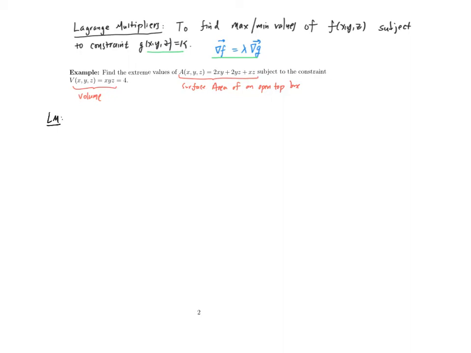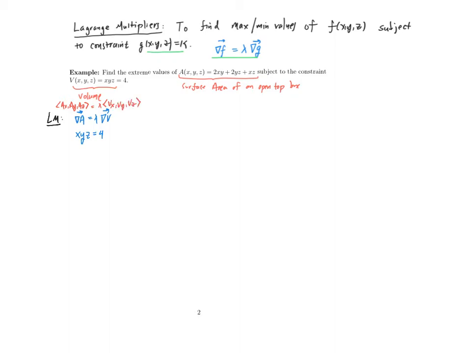To start, what we'd like to do is simply write down the Lagrange multiplier equation. That would be the gradient of A is lambda times the gradient of V, with xyz equal to 4. And recall, as we mentioned in the previous video, when you think about this gradient vector, what we really have is A_x, A_y, A_z equals lambda times V_x, V_y, V_z.